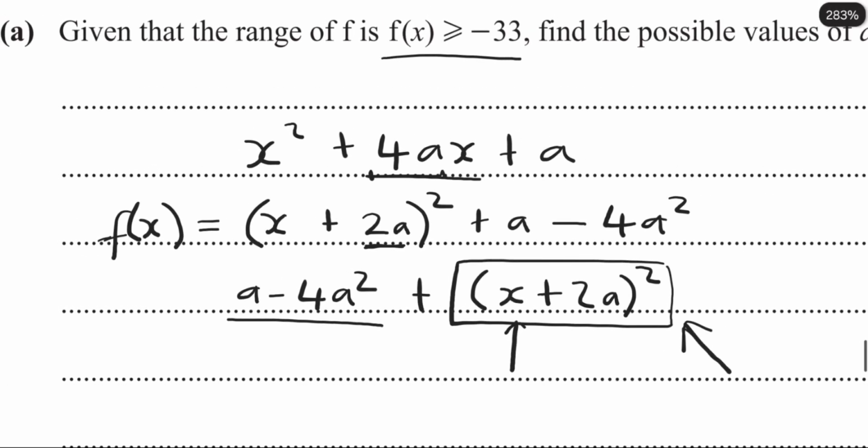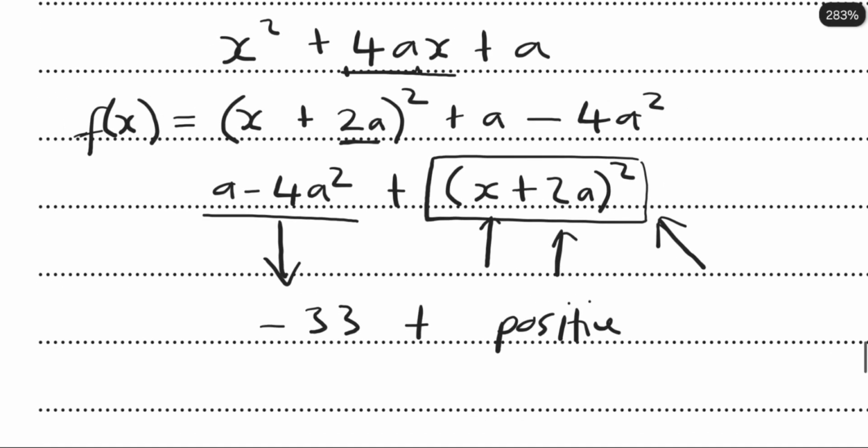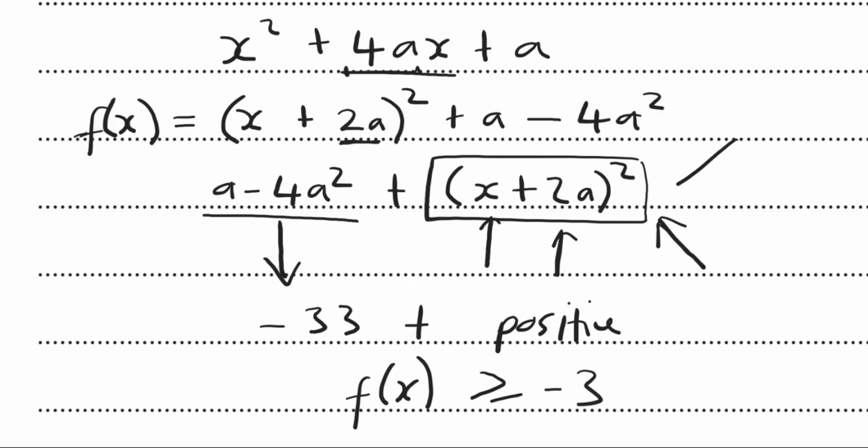If a minus 4a squared is minus 33 and we're adding a positive number, it means our f of x will always be greater than or equal to minus 33. Because if we get a 0 from here, it will be minus 33 plus 0. Then if we get anything else besides a 0, it will be greater than minus 33.